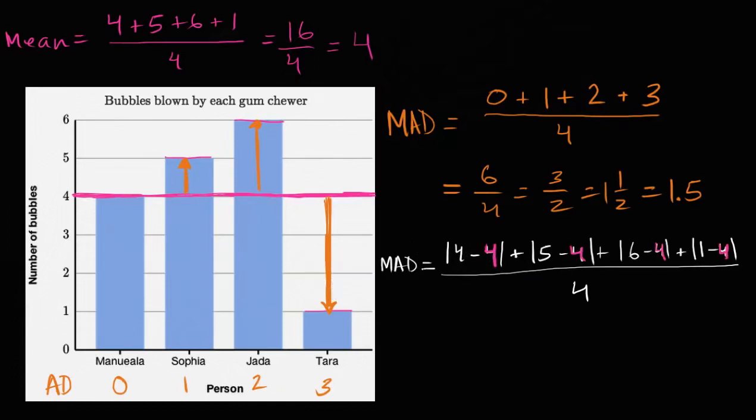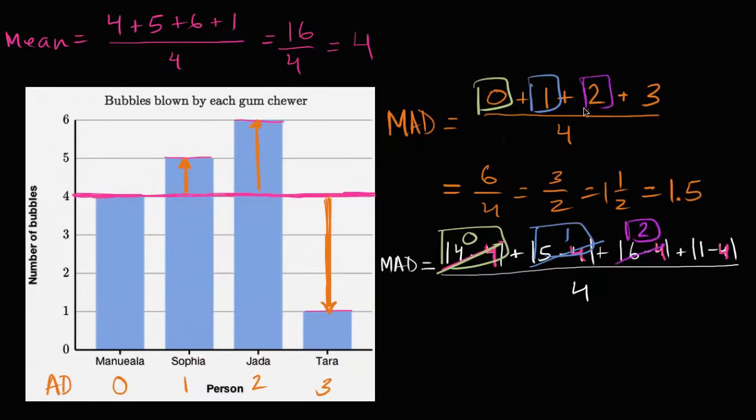Now you see, or maybe you see, 4 minus 4, that is the 0. That is that 0 right over there. 5 minus 4, absolute value of that, is just going to be 1. This is the same thing as that over there, and we were able to see that just by inspecting this graph. And then 6 minus 4, absolute value of that, is just going to be 2.